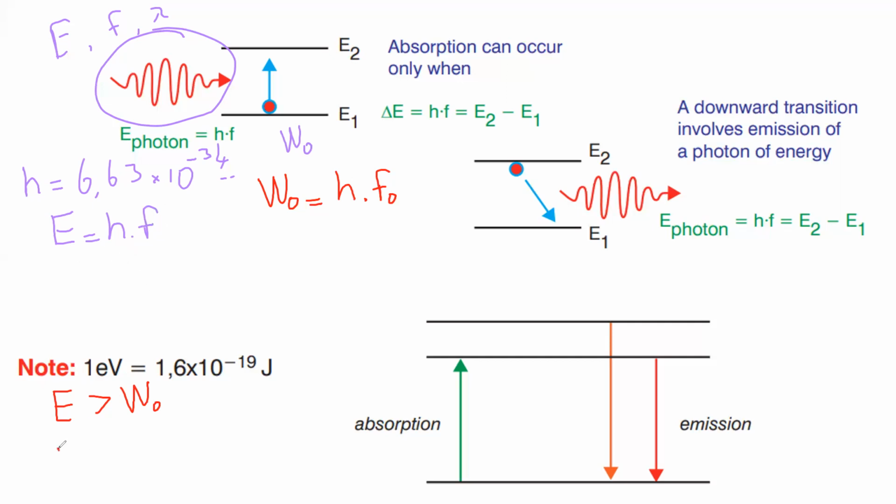Frequency also must be higher than the threshold frequency. We should know these two because they can ask you questions about what we need for energy and frequency. Energy must be higher than the work function, and the frequency must be higher than the threshold frequency.